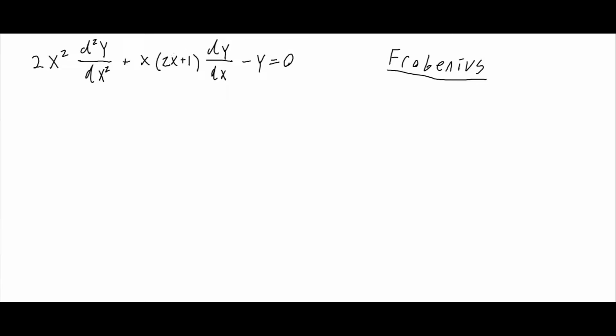And so if we have this second order ordinary differential equation here, since we know that we're only at second order here, this will be analytic around x equals 0.